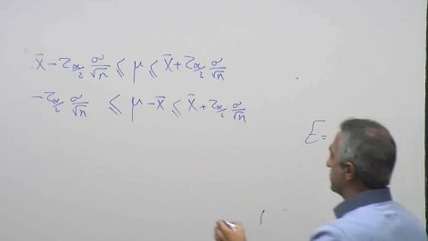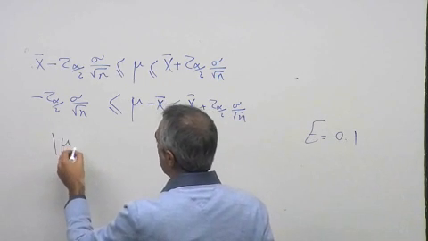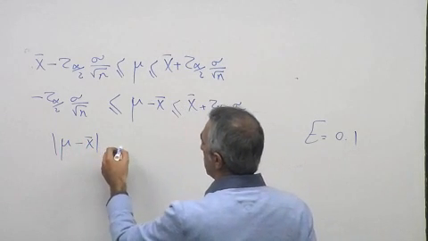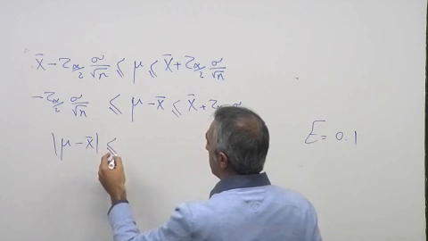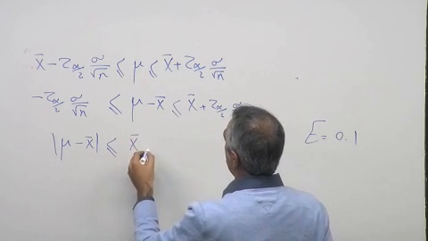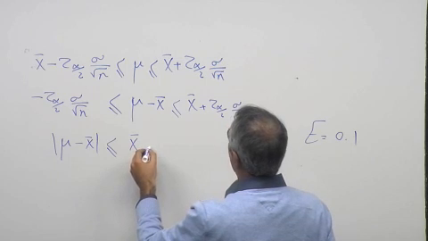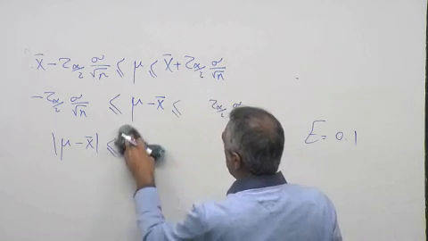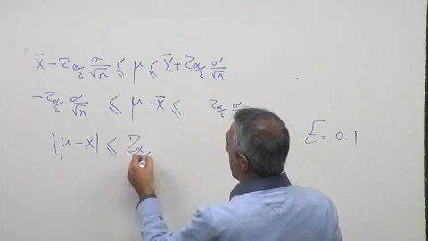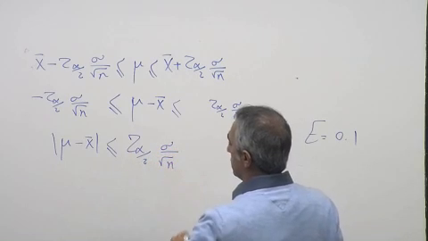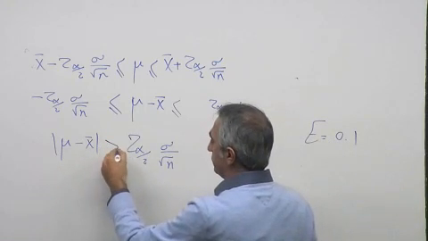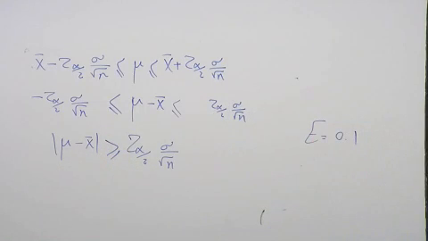And I can show that the absolute value of this is less than z alpha over 2 sigma over square root of n. I'm sorry, greater than. That's the definition of absolute value.